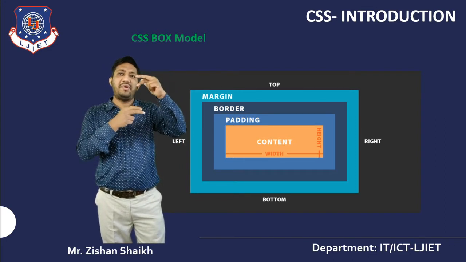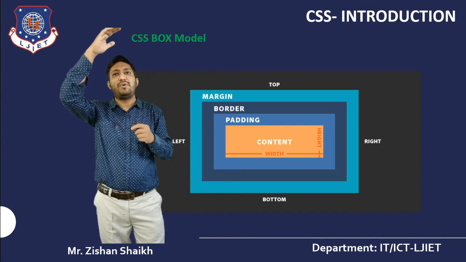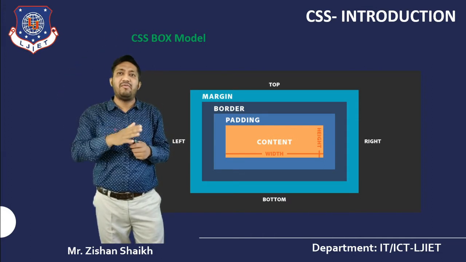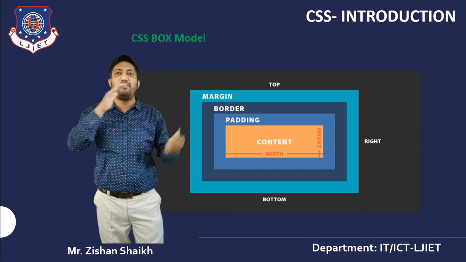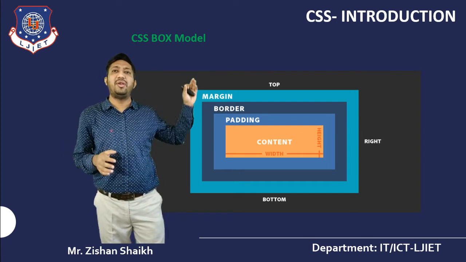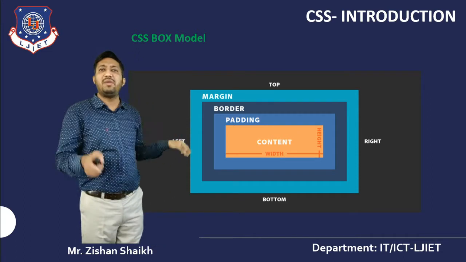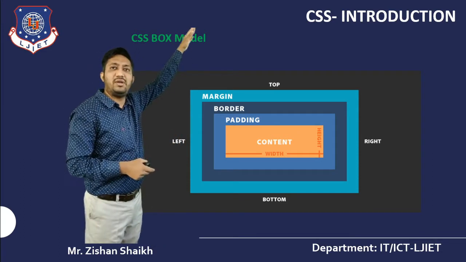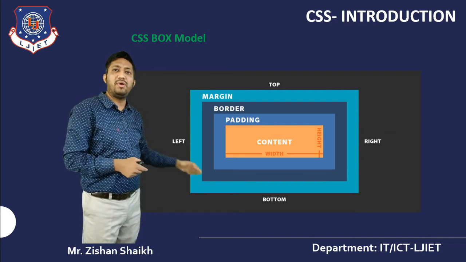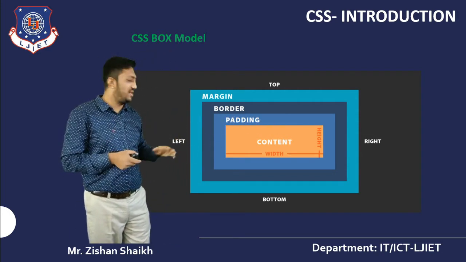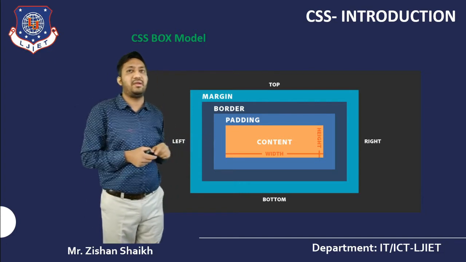How is one line separated from another line? From the top, what is the distance of my next line? From the left, from the right, from the bottom, all will be calculated in the context of one box model. So our whole screen will be divided into four sections: top, bottom, left, and right. Whatever the data is, that will be put in your content.